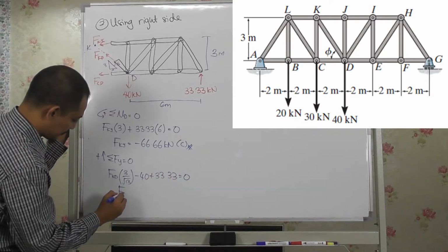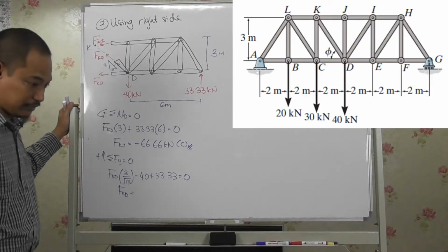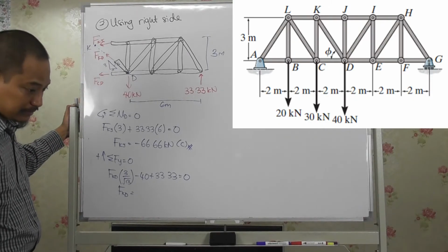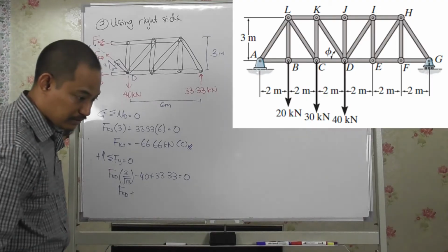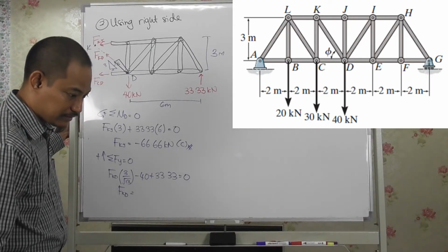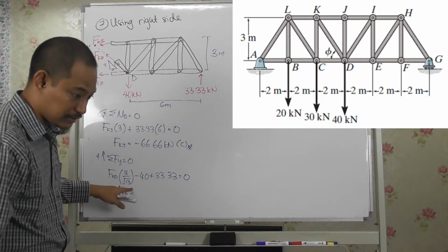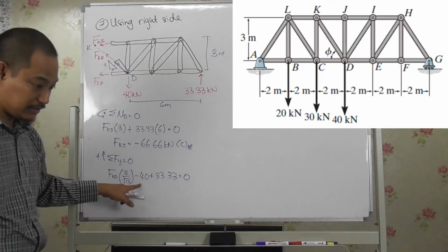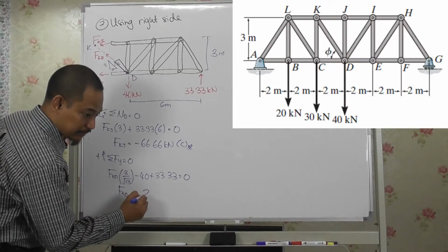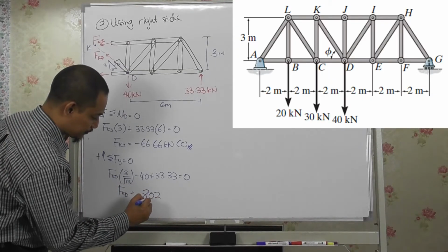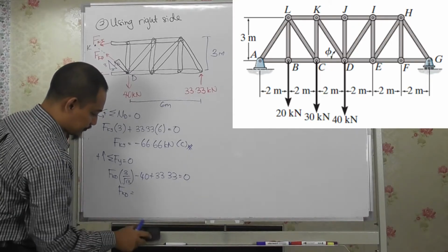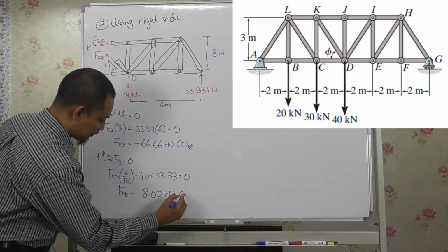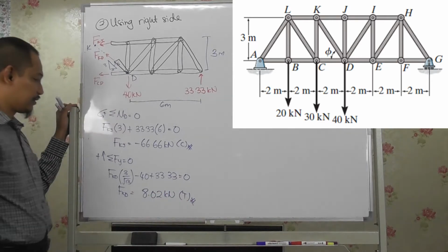So FKD will be equal to, so if you do this, wait, did I miss something? FKD 3 over root 13 plus 33.33 minus 40 equal, so you get 8.02 kilonewton, which is in tension, right?